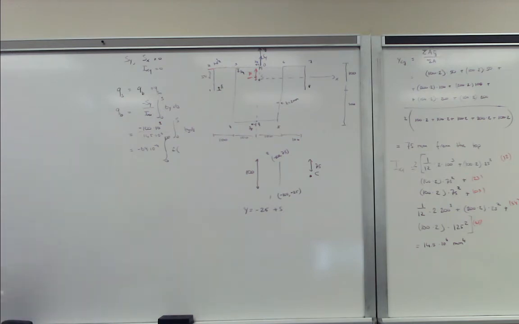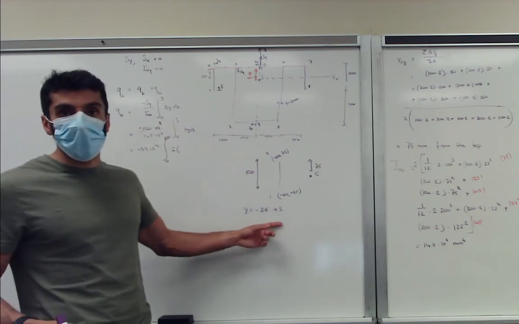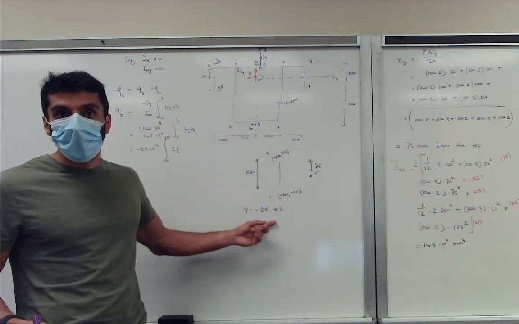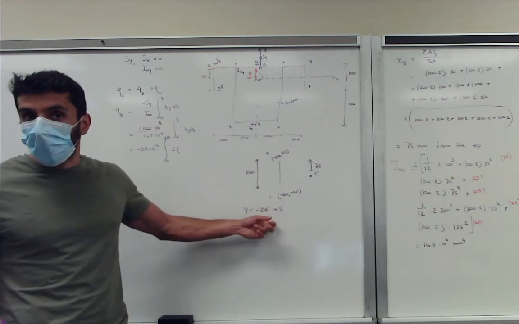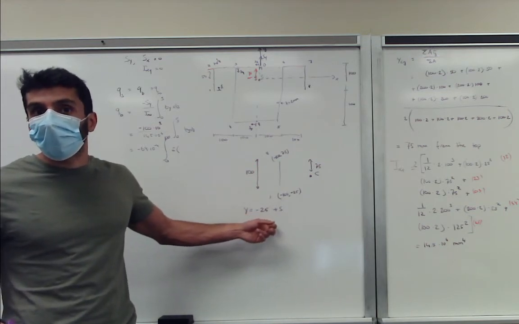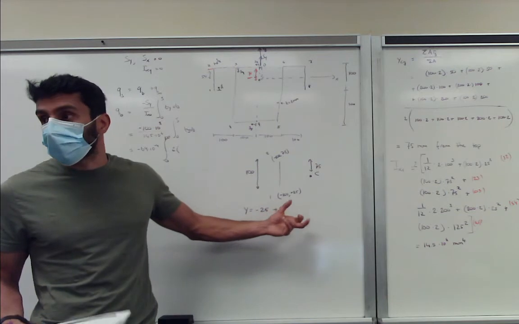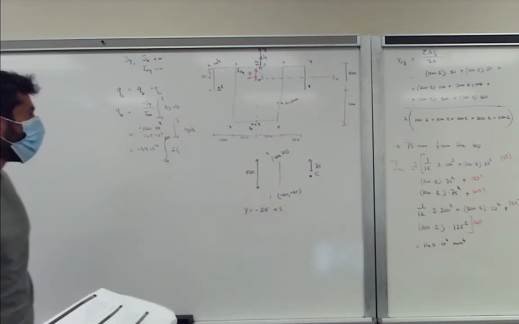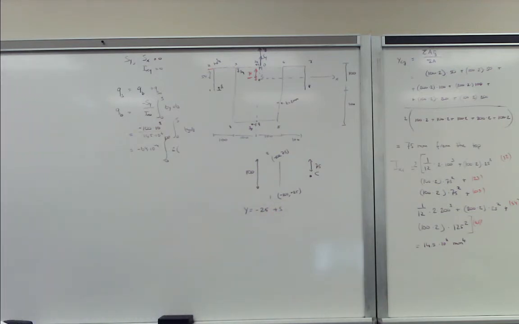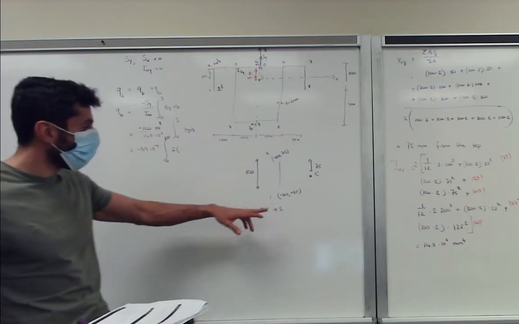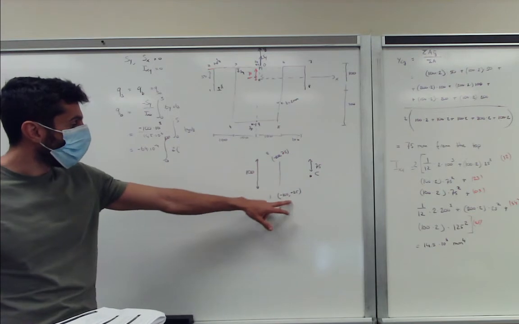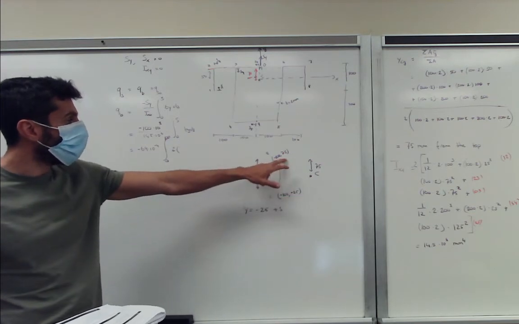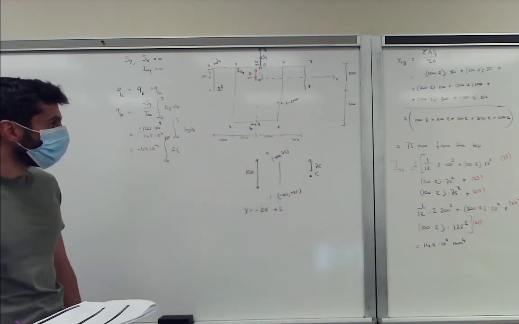Does this make sense? Because this is where most of the inaccuracies will originate: not being able to find the correct y and x as a function of S, or in some cases a constant. So what you can do is generate the coordinates, and know it goes from minus 25 to 75.